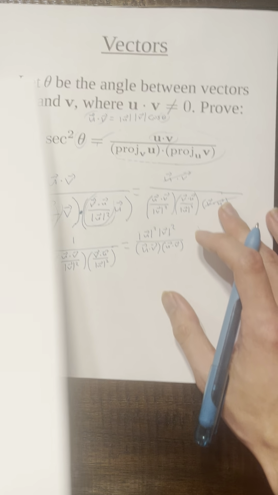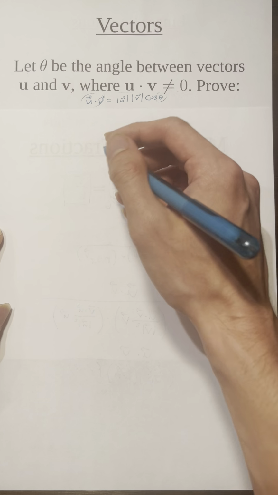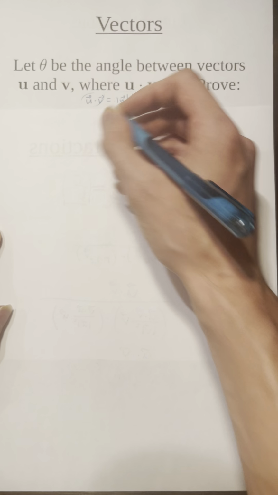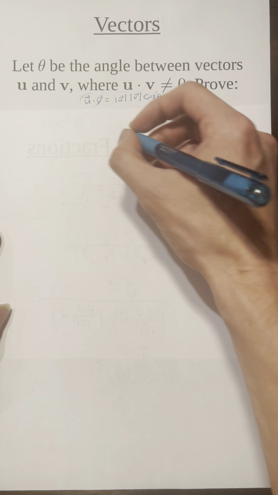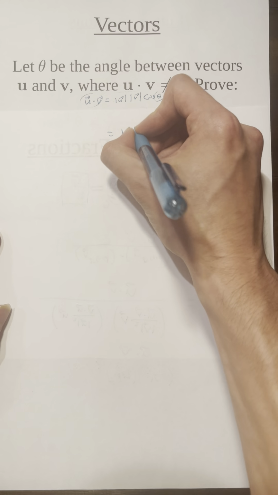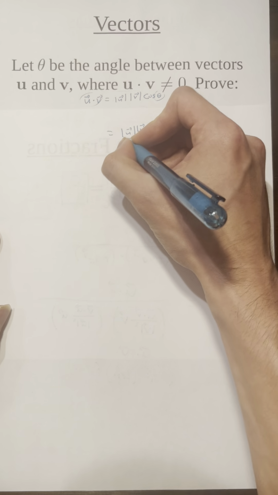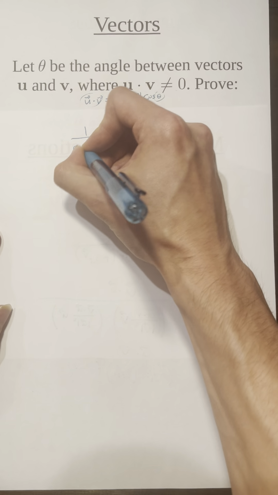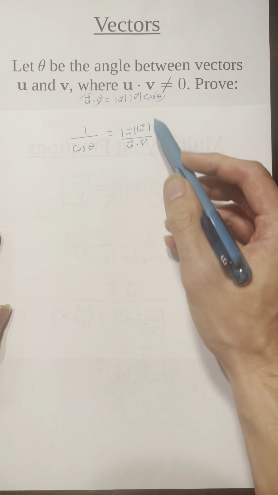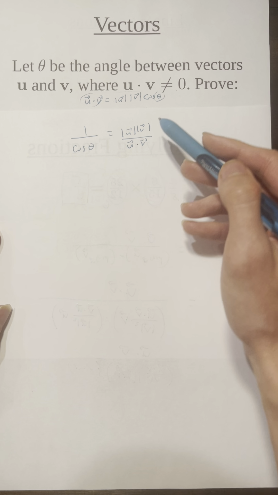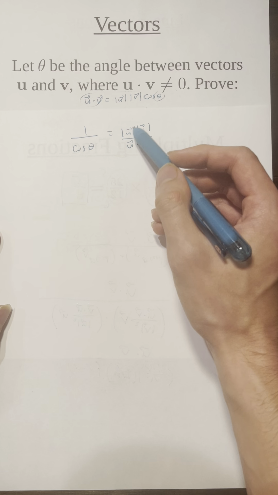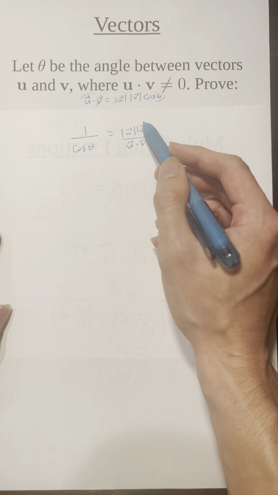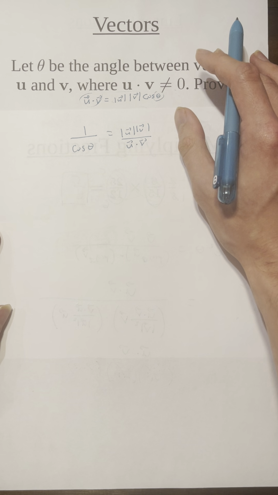Okay, so here I'm going to say that I'm going to do this. Okay, and the reason why I moved it in this way is because I wanted to get magnitude and dot product on the same side, but I also wanted to get it to be magnitude over dot product.